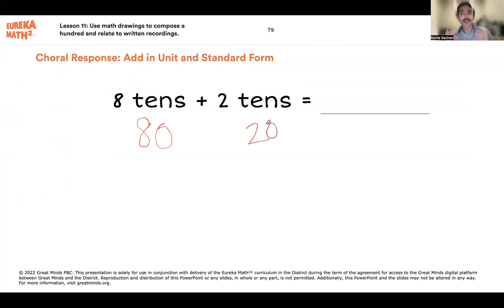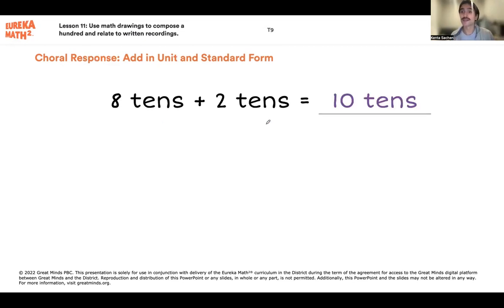So what do we get when we add 8 tens plus 2 tens? We can start at 8. We're adding 2 more, right? 9, 10. So we're left with 10 tens because 8 plus 2, 8, 9, 10, right, is 10. Now, what number is 10 tens? Think back to yesterday's lesson.